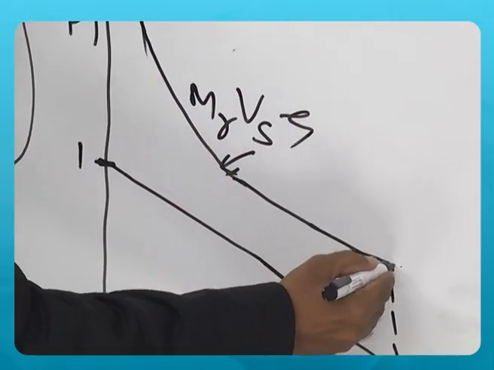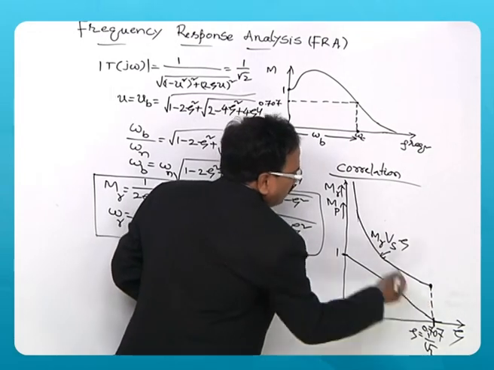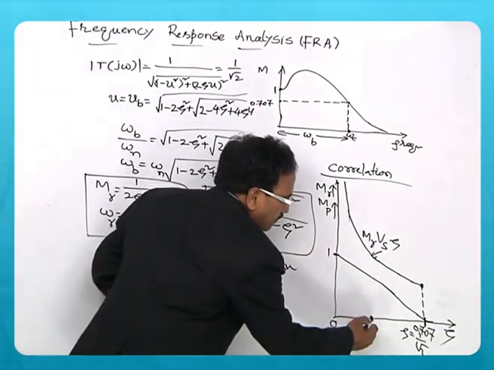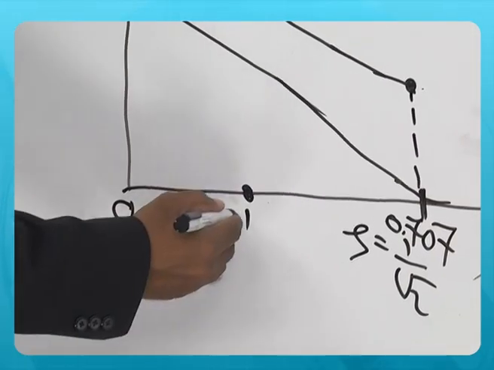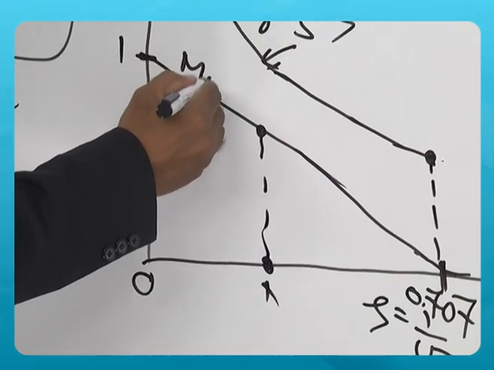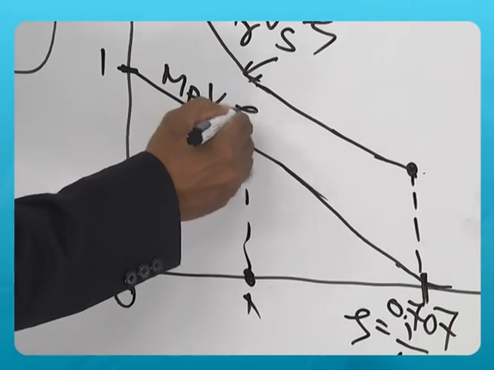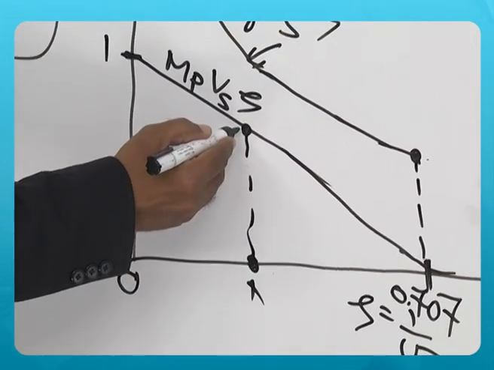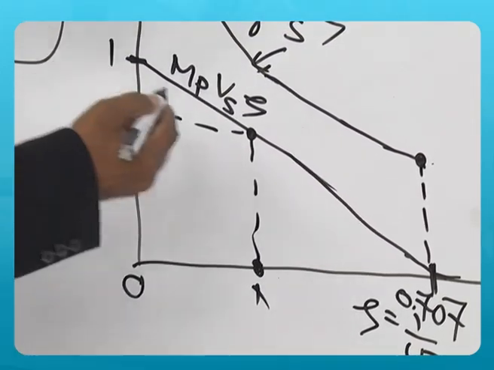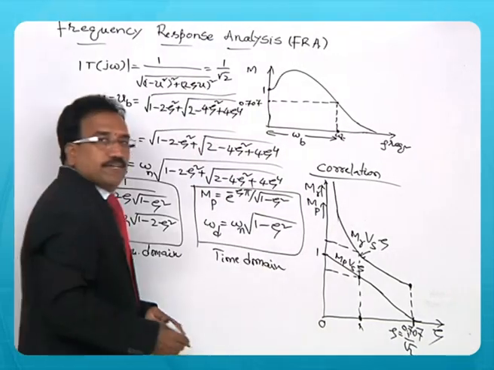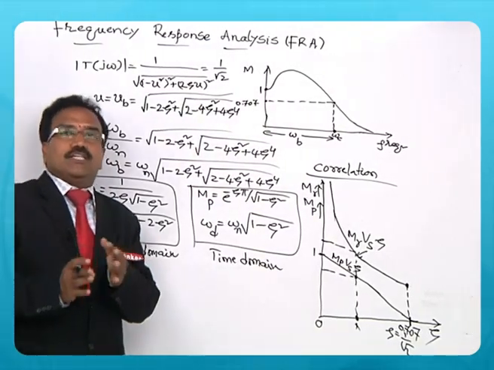You can see here up to this point the correlation between this and this will exist. For a certain value of zeta here, there will be a peak overshoot. This is MP versus zeta. So for a certain value of zeta you have some peak overshoot, correspondingly you have some value of resonant peak. That way I can correlate.